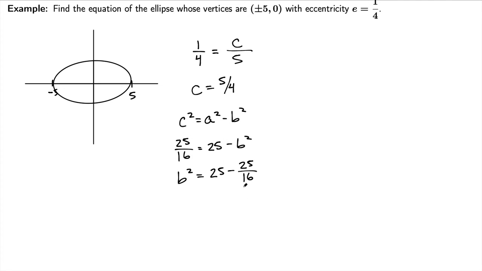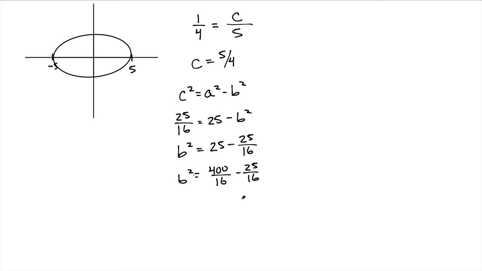And in order to get this, I need a common denominator, which is going to be 16. So if I multiply 25 by 16 over 16, I get 400 over 16, minus the 25 over 16.